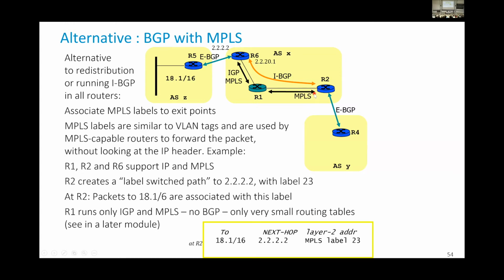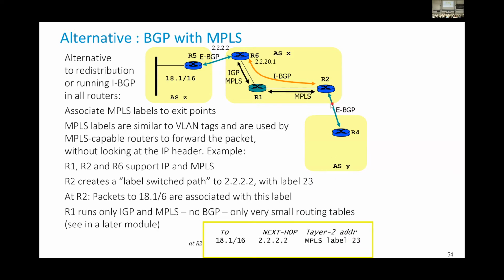switched path that has the effect that R1 is now not just an IP router, but a combined IP and MPLS router. We look at the labels, and for example, at R2, when R2 learns by BGP that this prefix has next hop 222, then R2 will build a label switch path to R6, because R6 is the router that connects to 222, and allocate a label, for example, 23.